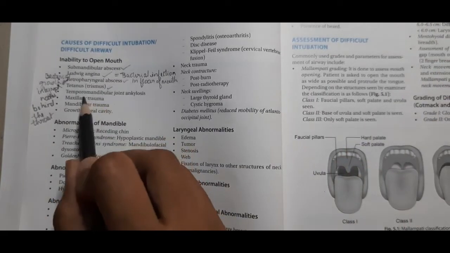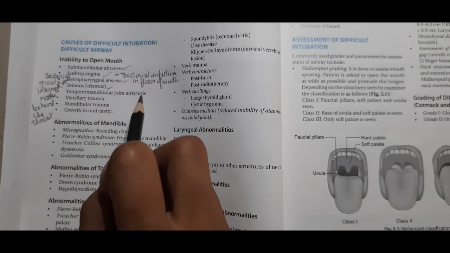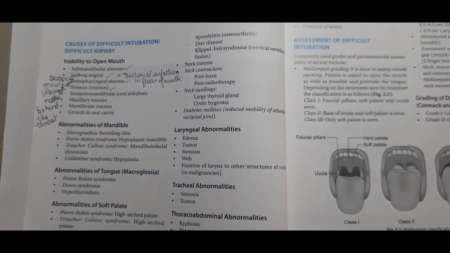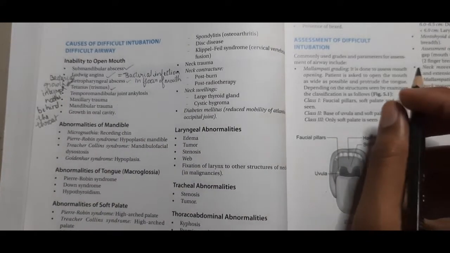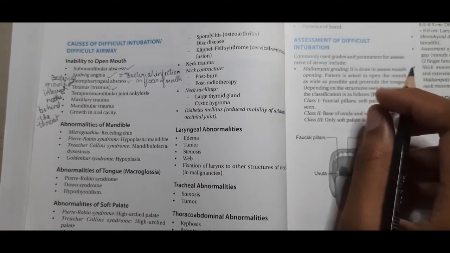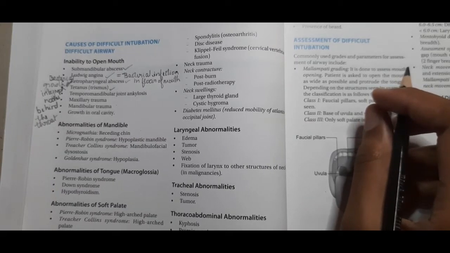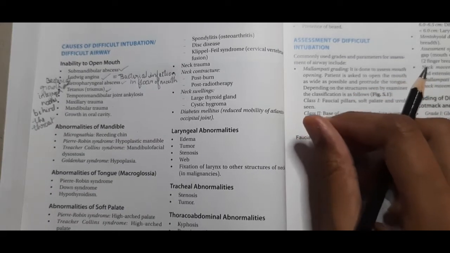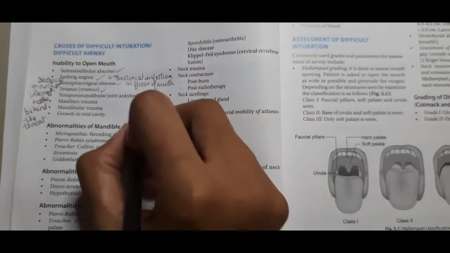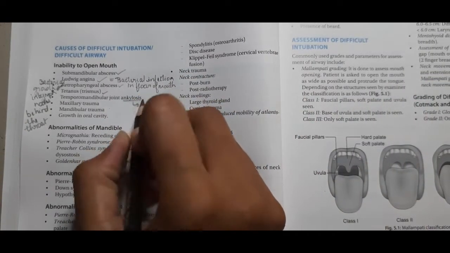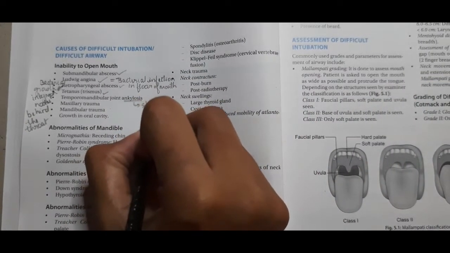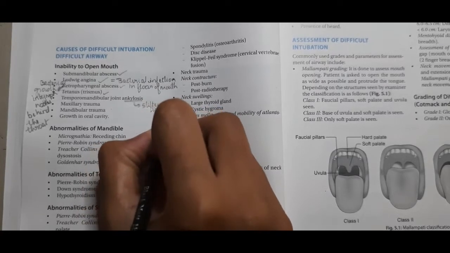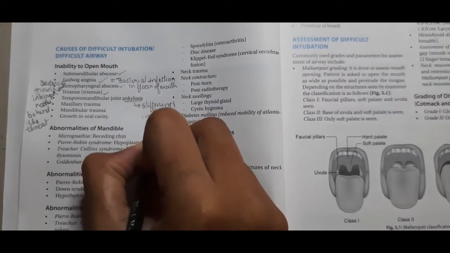Moving to the next one, which is temporomandibular joint ankylosis. Ankylosis is nothing but stiffening and immobility of the temporomandibular joint.